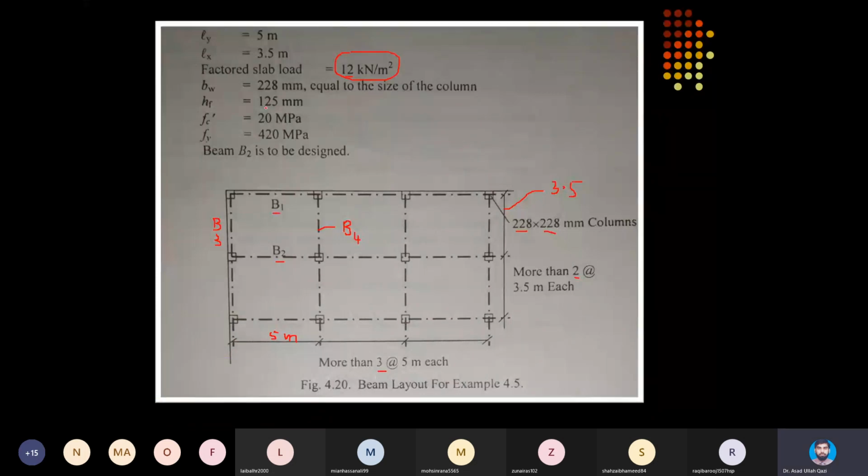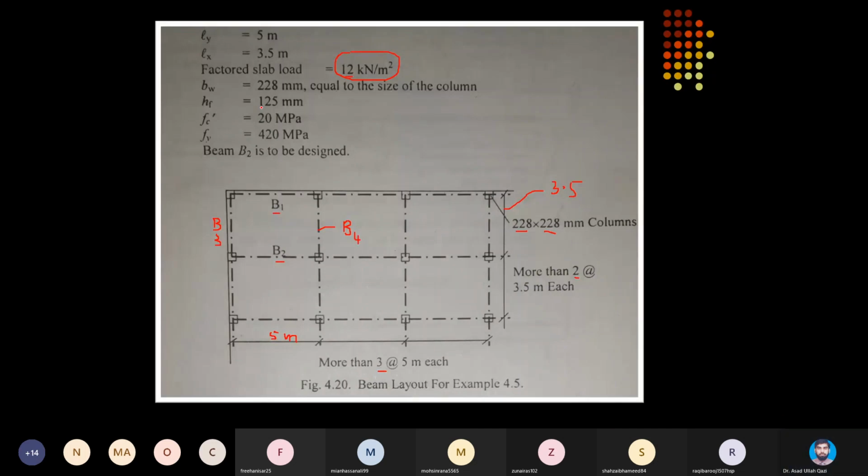So selecting a combination like the second combination, 1.2 dead plus 1.6 live, this 12 kilonewton per meter square is proposed as ultimate load, which includes the self weight of the slab plus floor finish plus the occupancy load, live load.